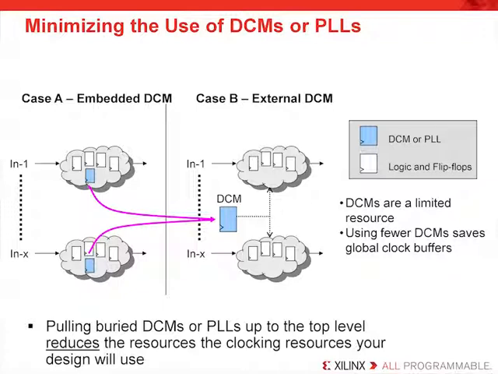You should also evaluate the ability of each DCM and PLL to generate additional clock signals that your application may need from the same source. Now this will save you power and global routing resources, which could be used to distribute your secondary control signals, which will save general routing resources and give the tools a better chance to meet your timing and to completely place and route your design.